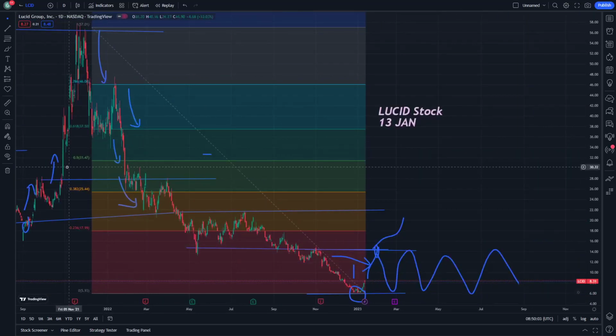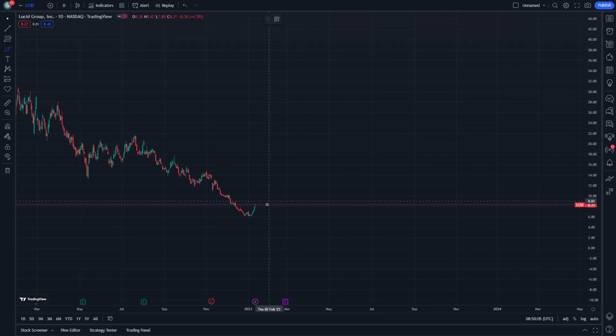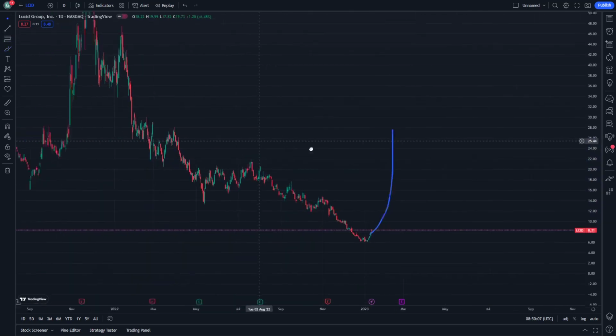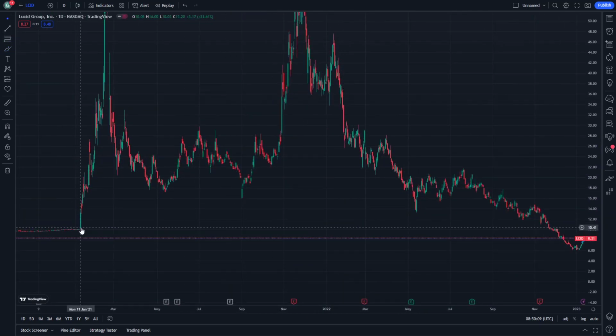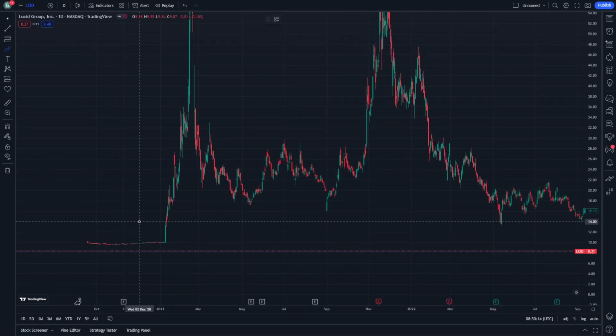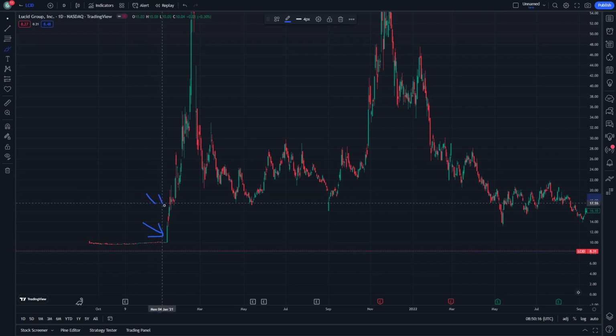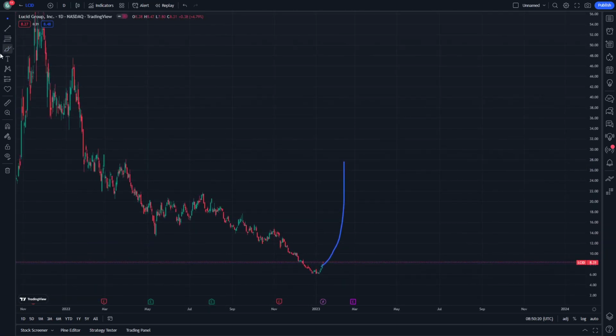The second price prediction would be about the increase with a spike. That is because we saw this on 11 January 2021, when it wanted to make such a very good move. This is going to be an increase in momentum.